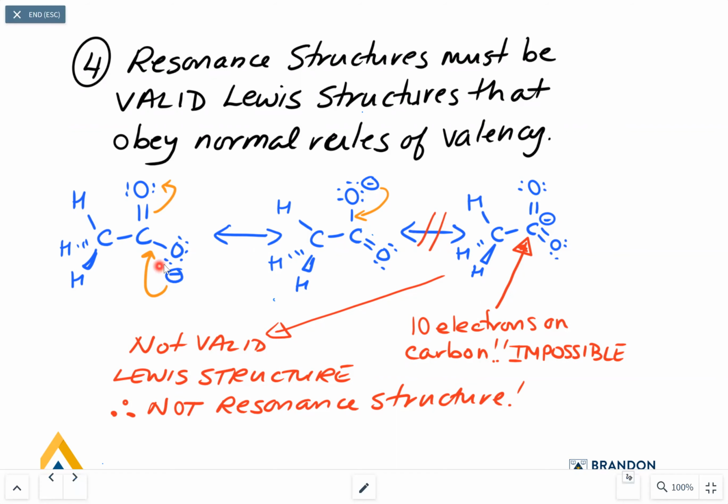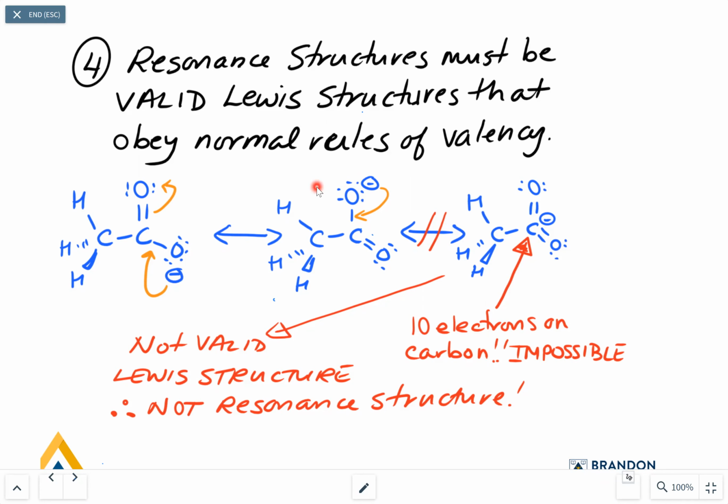So when these electron lone pairs move to make a pi bond here, that means that this pi bond has to move to make a lone pair of electrons. The other thing that you will have noticed throughout this whole process is negative charge here, negative charge here.